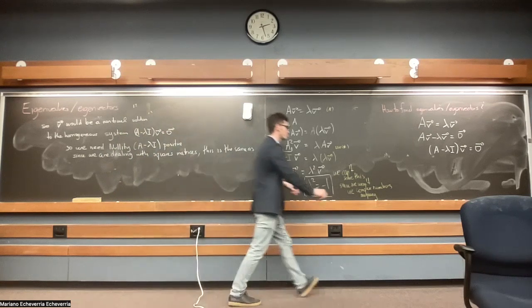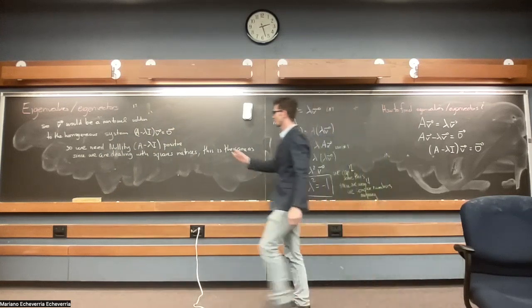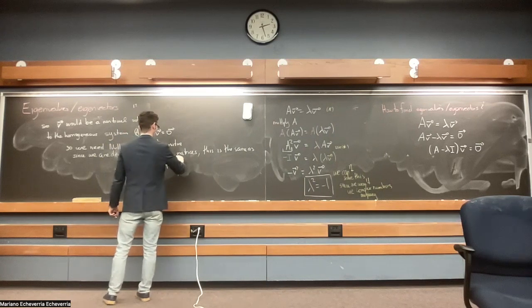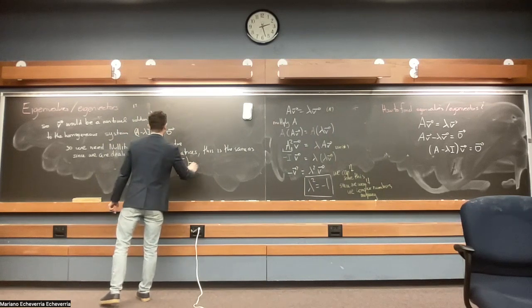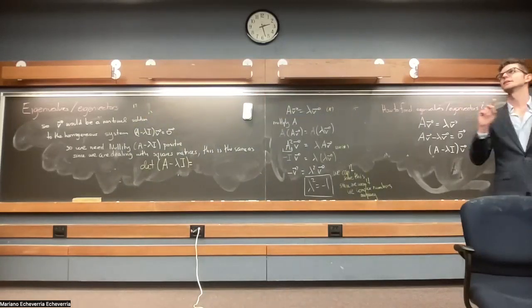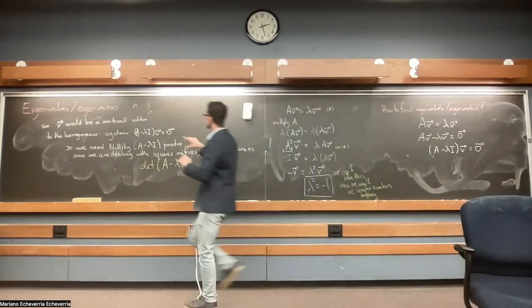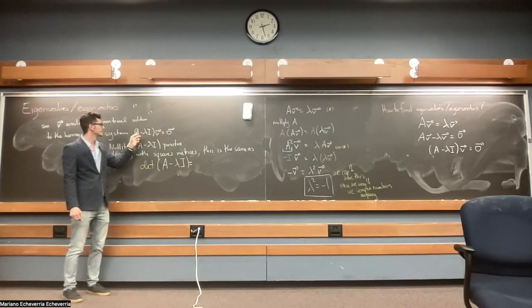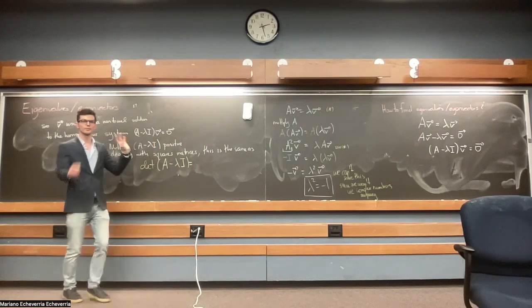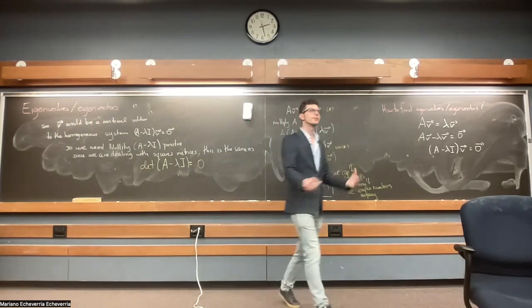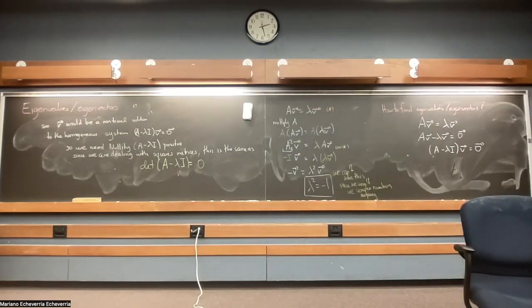What should happen with the determinant? It has to be zero, because if this determinant is not zero, then this matrix is invertible. The moment this matrix is invertible, you can multiply by the inverse on both sides, and then you would get v equals zero. So you have to force the determinant to be zero to have non-invertibility and the possibility for interesting solutions.